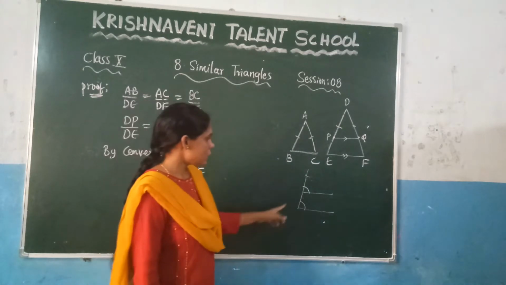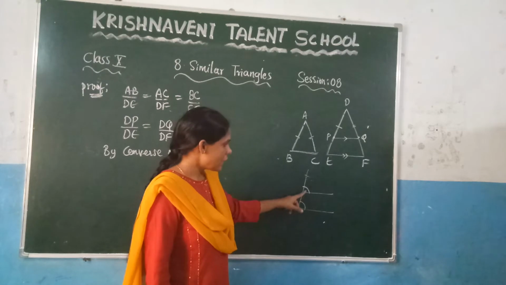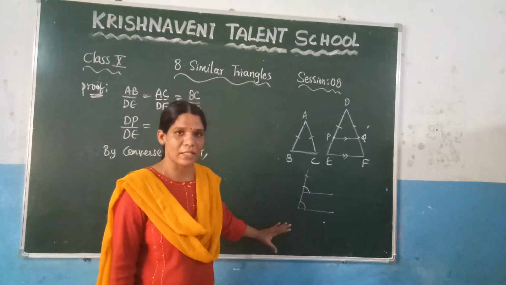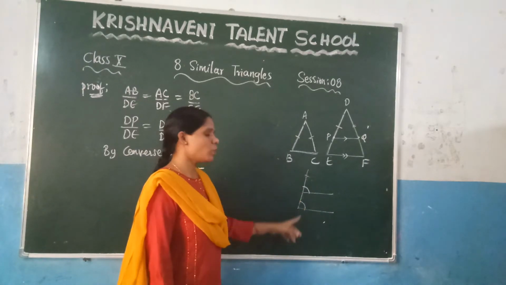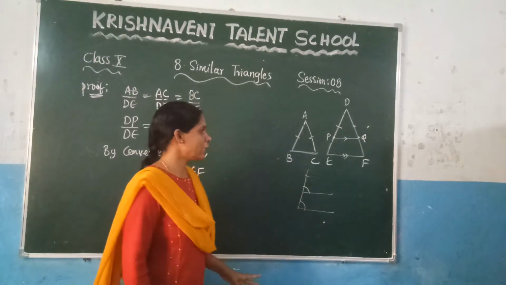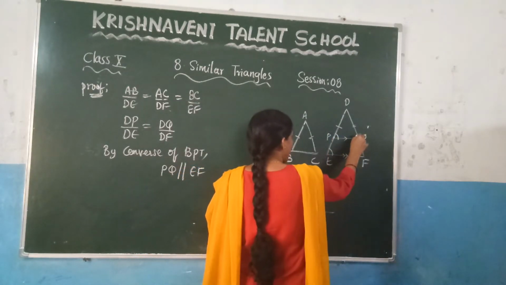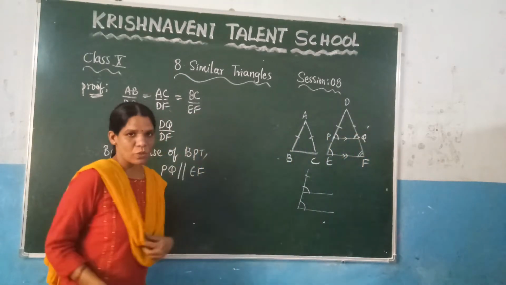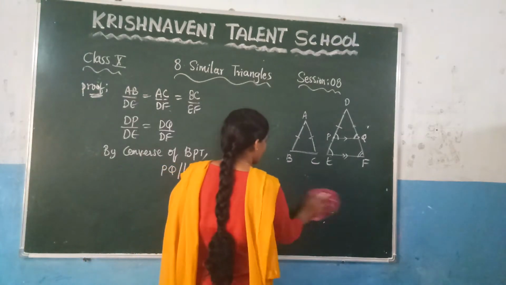The angles lying on the same side of the transversal, where one is interior and the other is exterior. And you know that by the corresponding angles axiom, the corresponding angles are equal. So from this you will get angle P is equal to angle E, angle Q is equal to angle F. Why? Because they are corresponding angles and we know that corresponding angles are equal.